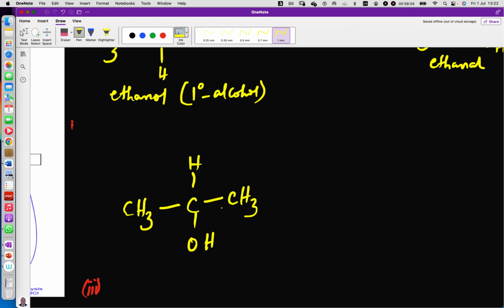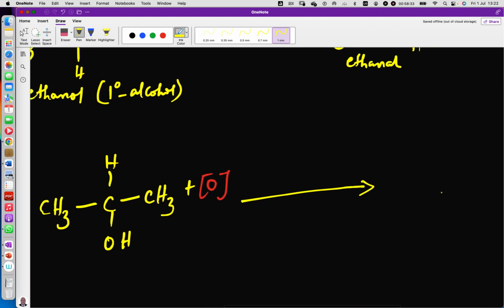It is propan-2-ol, a secondary alcohol. It undergoes addition of oxygen, which is going to give us this.